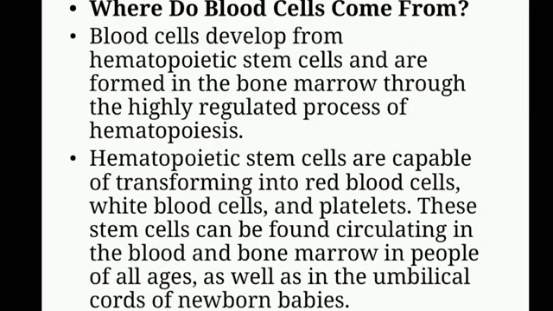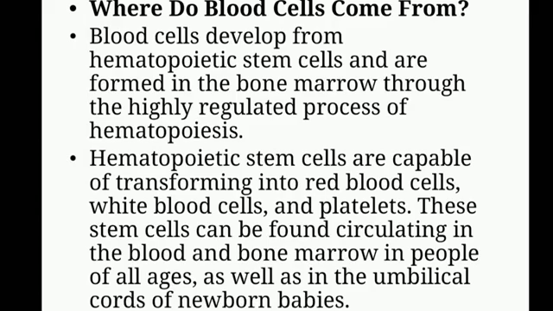Now a very important point is, where do blood cells come from? Blood cells develop from hemopoietic stem cells. Stem cells are cells capable of giving rise to different types of cells in the human body. They are formed in the bone marrow through a process termed hematopoiesis, through which different blood cells are formed.